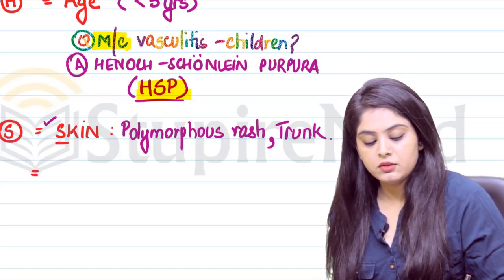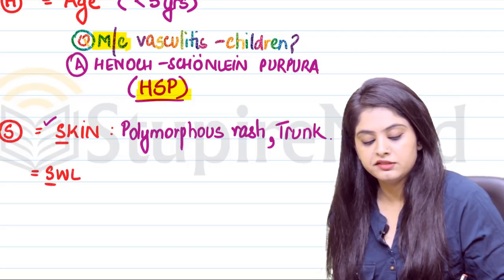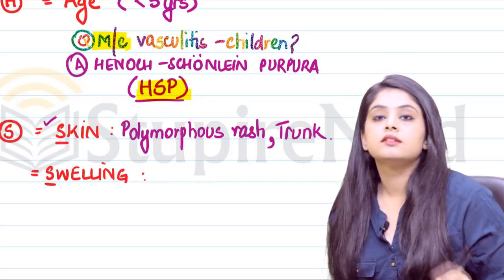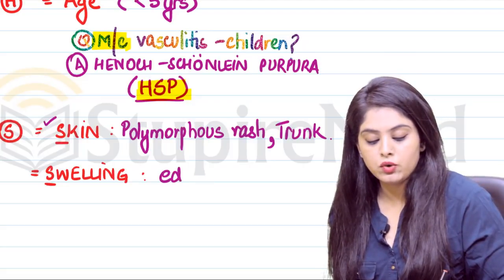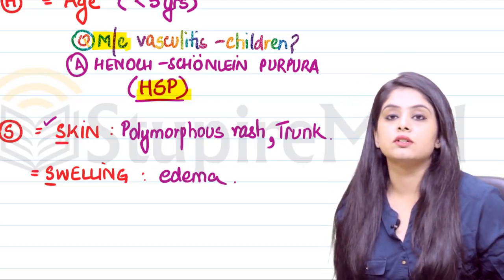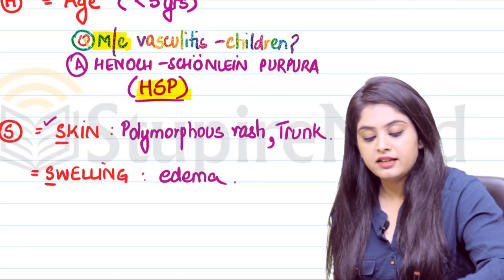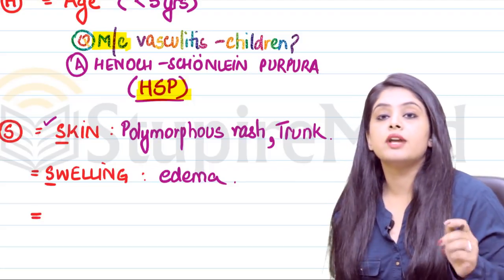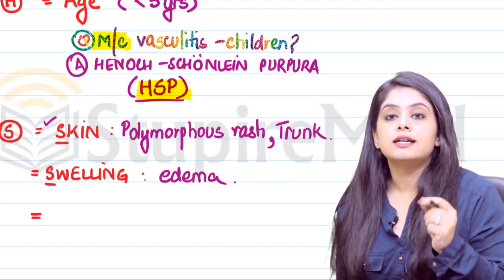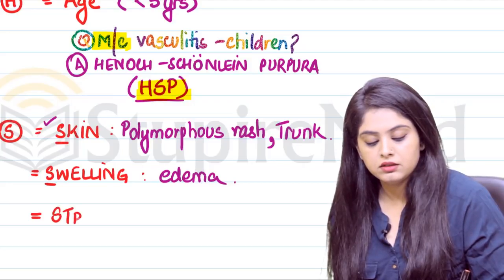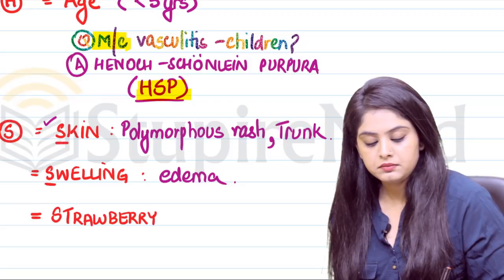The next S that we have stands for swelling. So these children will also show edema as a presenting feature, swelling or edema. And the last S is something that I'm sure everyone knows by now, a characteristic finding of the tongue, that is the strawberry tongue.